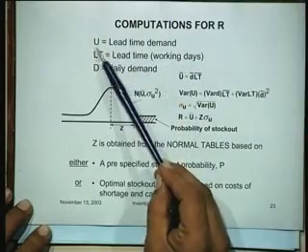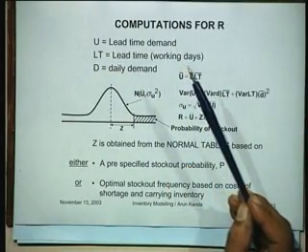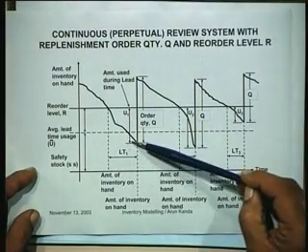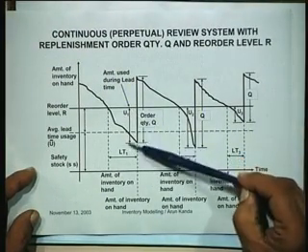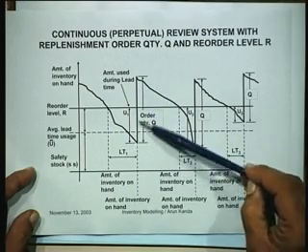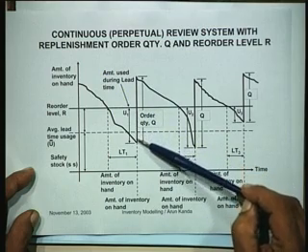We just saw that the lead times could be uncertain. So how do you consider those kinds of uncertainties? If U is the lead time demand, you just saw that the value from here to here is the total amount consumed during the lead time. During this time from here to here you have consumed this much quantity.